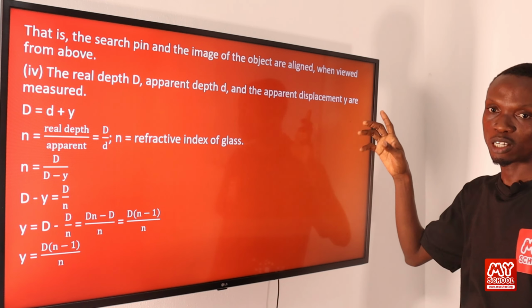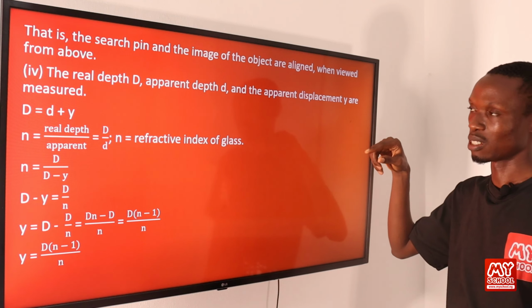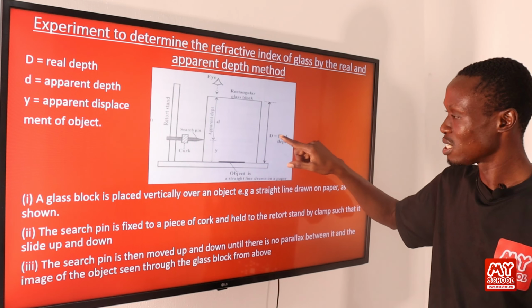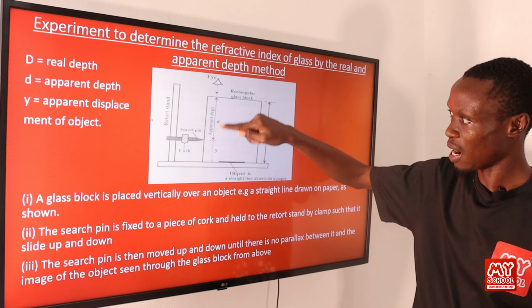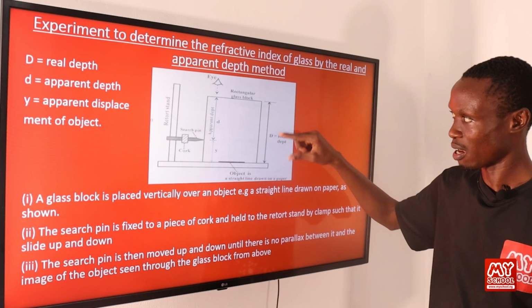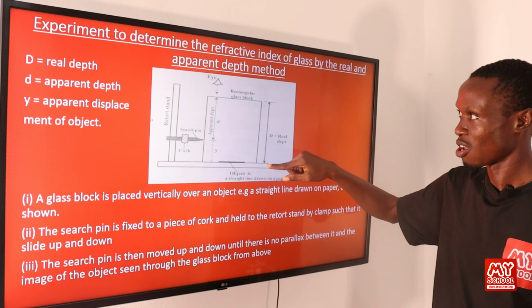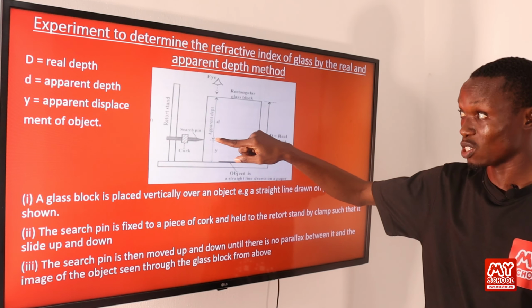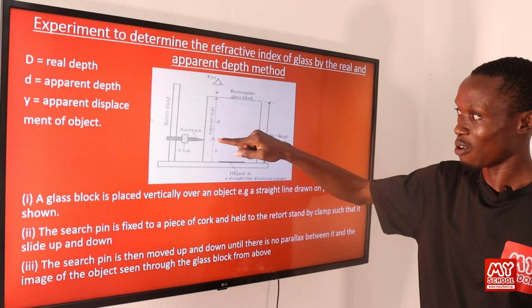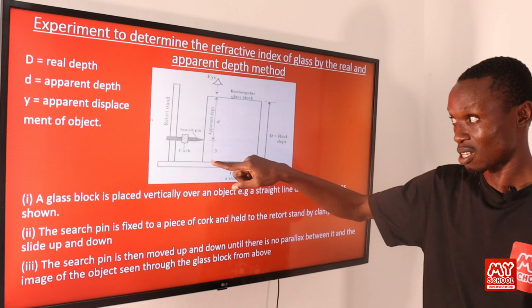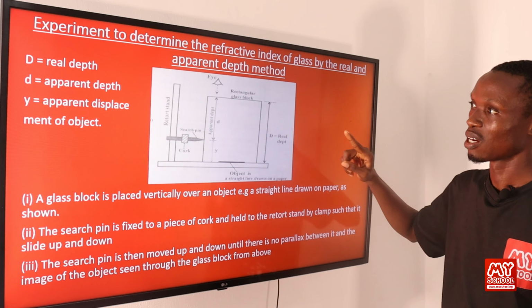So let's move back to the diagram, the previous slide. From here you can see that the real depth is equal to the apparent depth plus the apparent displacement, from this diagram. See, this is the real depth, while from here to here is the apparent depth, while from here to here, which is where the object is, is the apparent displacement.